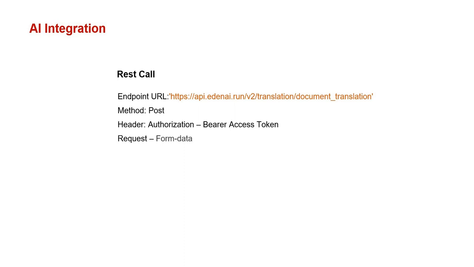In the earlier slide, I showed you the API key generated along with the profile when you sign up with your Google account or anything. You need to use that particular API key as an access token, and the request needs to be passed in the form of form data, because we are uploading a document to the REST call.